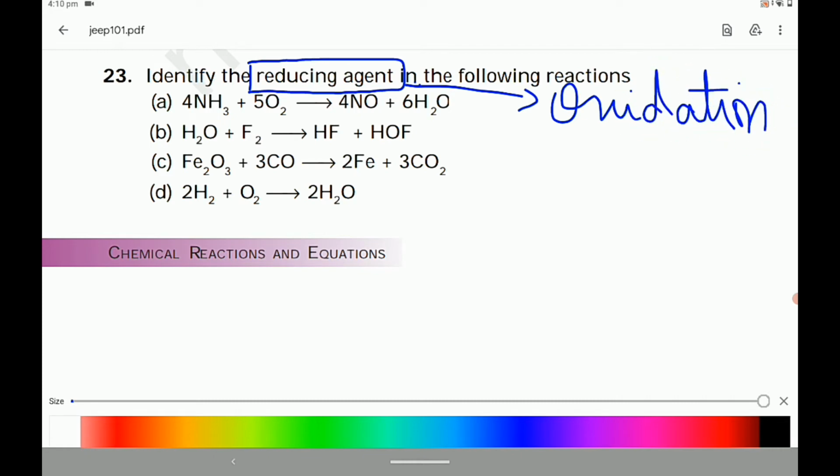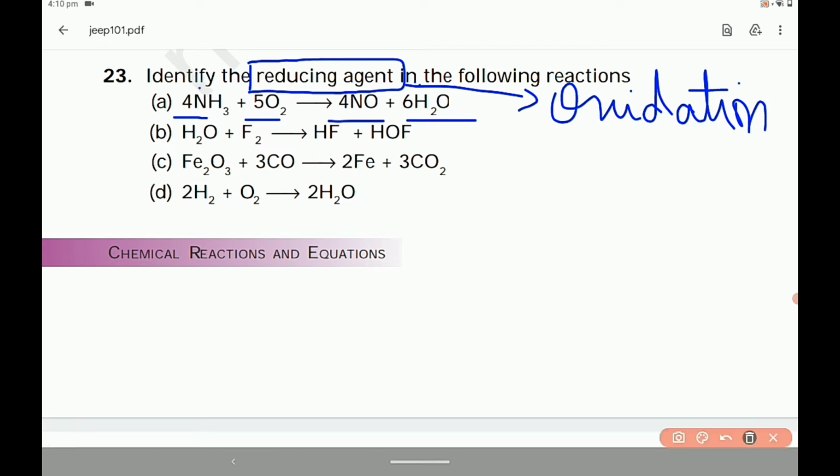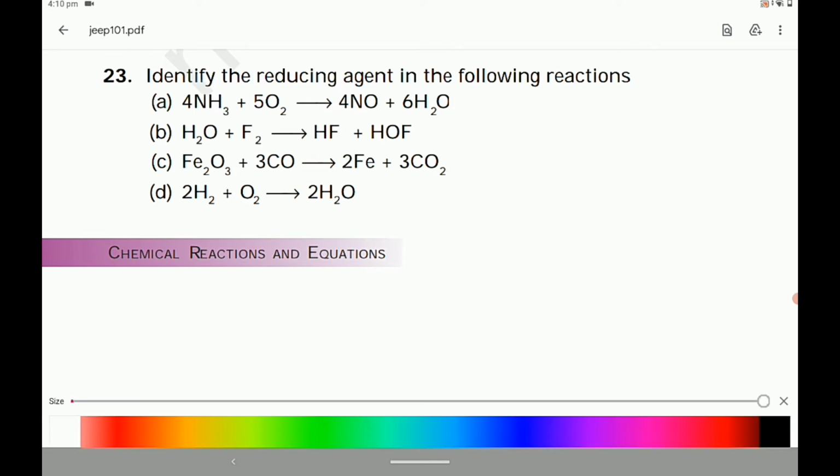So on the basis of that, 4NH3 plus 5O2 gives rise to 4NO plus H2O. Let's check it with NH3. NH3 is gaining oxygen, meaning nitrogen is gaining oxygen, so it's oxidation. So that is the reducing agent, got it.